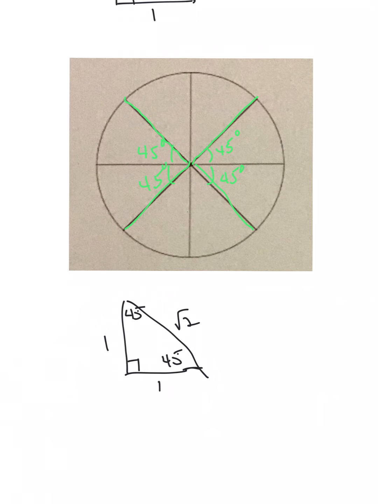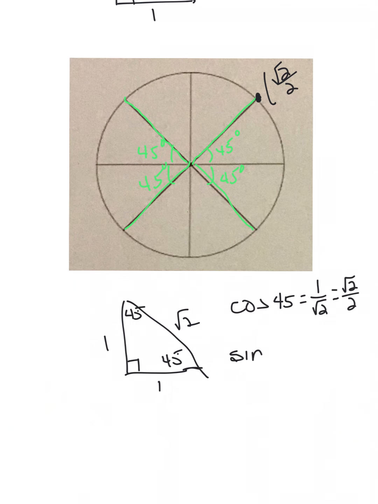And if we do the cosine of 45 degrees and do the adjacent over hypotenuse, we get 1 over square root of 2, which we rationalize to be the square root of 2 over 2. So that means that the x-coordinate for this point is the cosine, which is square root of 2 over 2.